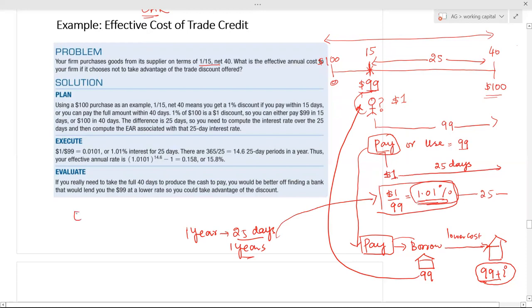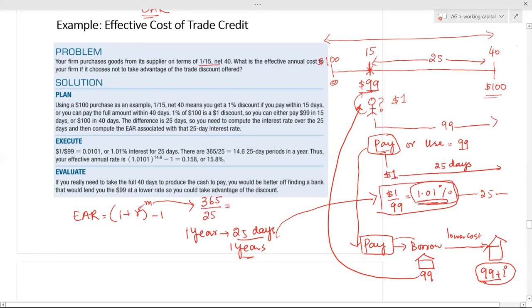We can do effective annual rate equals (1 + r) to the power m, minus 1. To calculate this m, because the period is in days, how many days are in a year? 365. But this return is for how many days? 25 days.